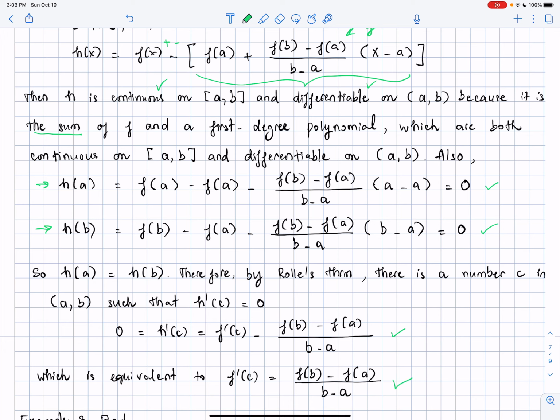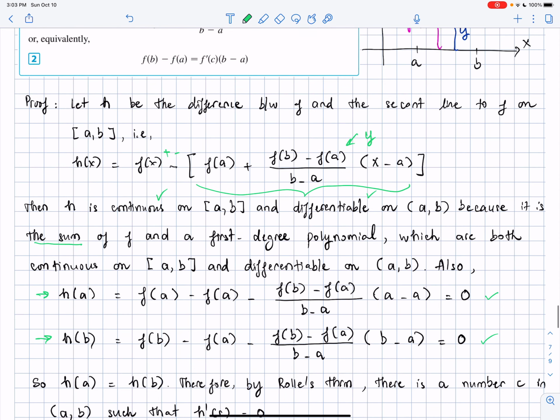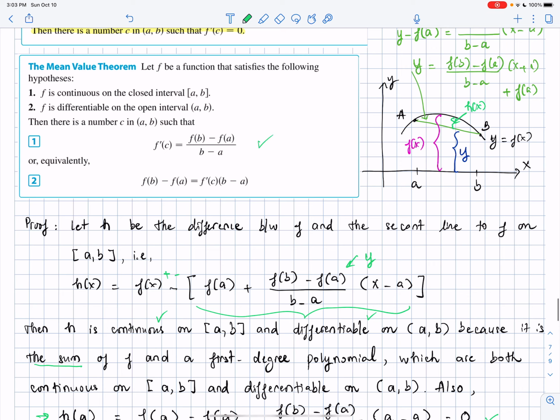So by definition, h prime of c is the first derivative of h of x. And it's the same as f prime of c equals f of b minus f of a divided by b minus a, which is what we want to have in the Mean Value Theorem.